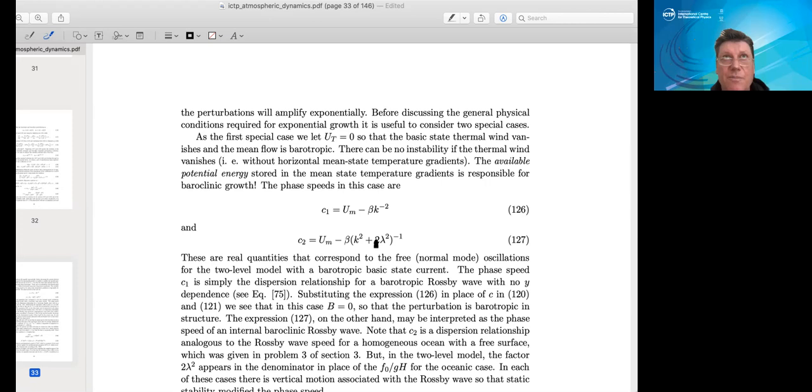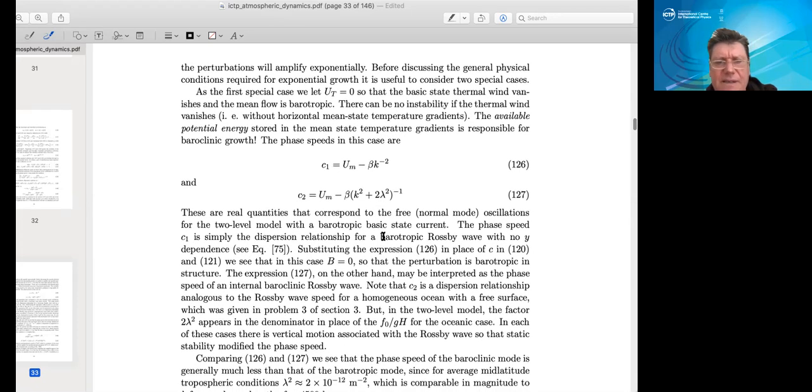And this was completely excluded when we looked at the Rossby waves in the last lecture. We didn't include the possibility of vertical motion. But our waves here have this possibility, and that kind of reduces their phase speed. That reduces the retrograde tendency. This is always positive, so that will reduce this tendency for the waves to retrograde for the second mode here.